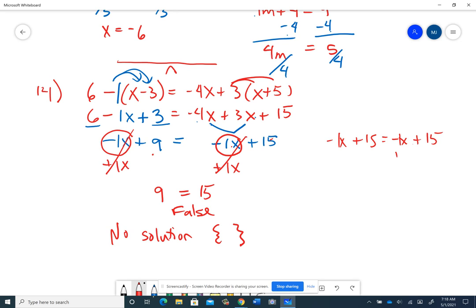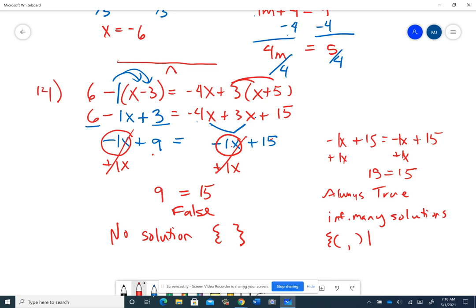Then if I added the 1x to both sides, I'd have 15 equals 15, which is always true. That would wind up being that the solution would be all points on the line. There would be infinitely many solutions, and they would be the set of all ordered pairs that are on the line.